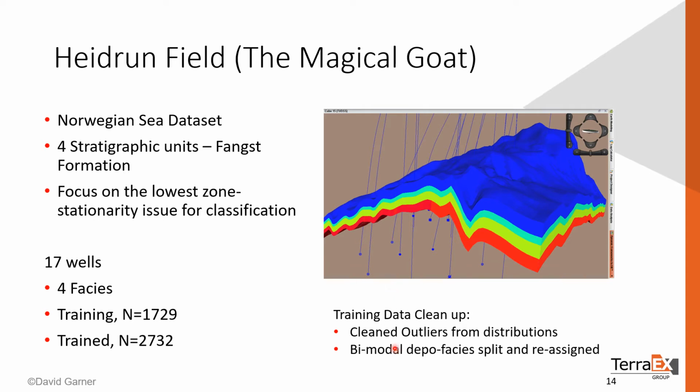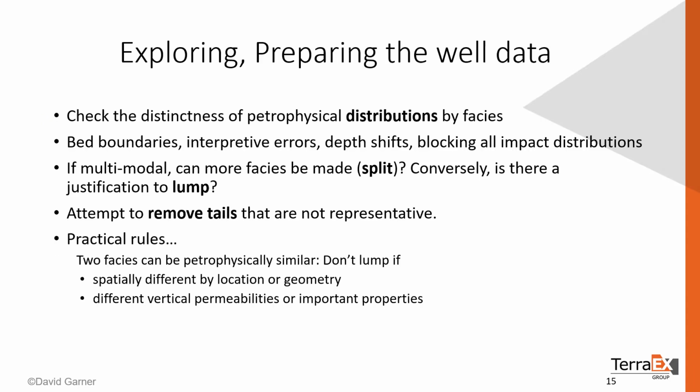And we do this kind of work when we have geomodels. Doing the cleanup when we build our facies models saves us from having to do a lot of that in the modeling steps. But here we also accounted in this data set for a bimodal depofacies split where we had mixed lithologies.